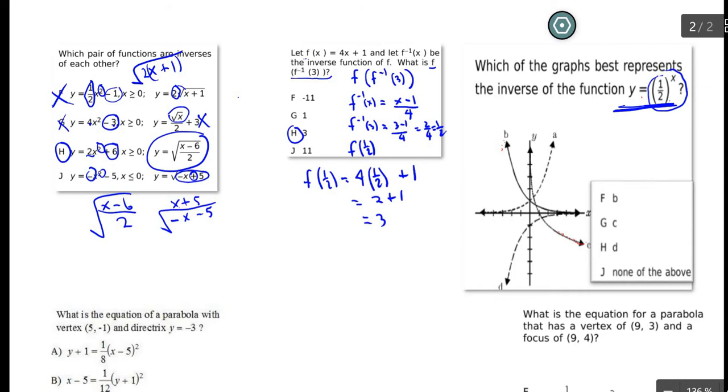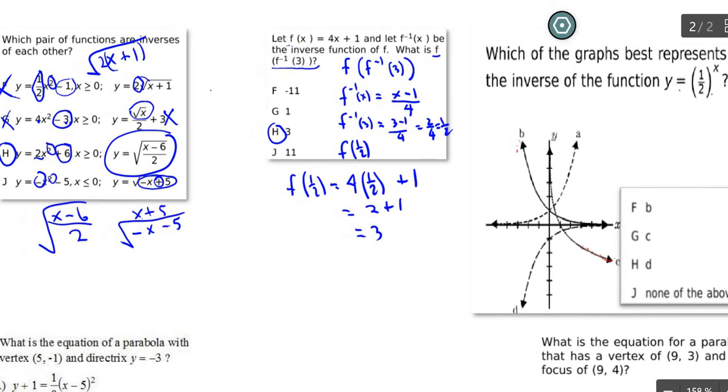If we try to solve this problem, we will see something that looks like this. So let's try to solve this. We write x equals 1/2 to the power of y, and then we take log to base 1/2 of both sides.